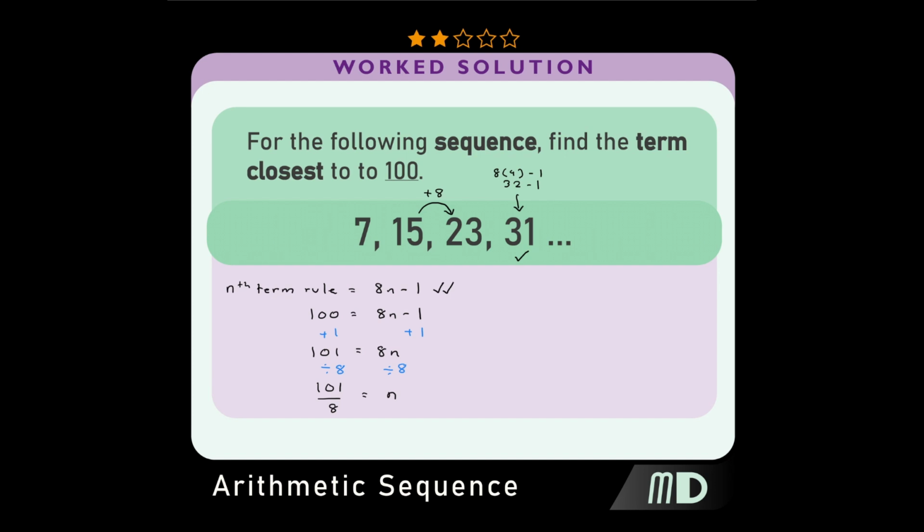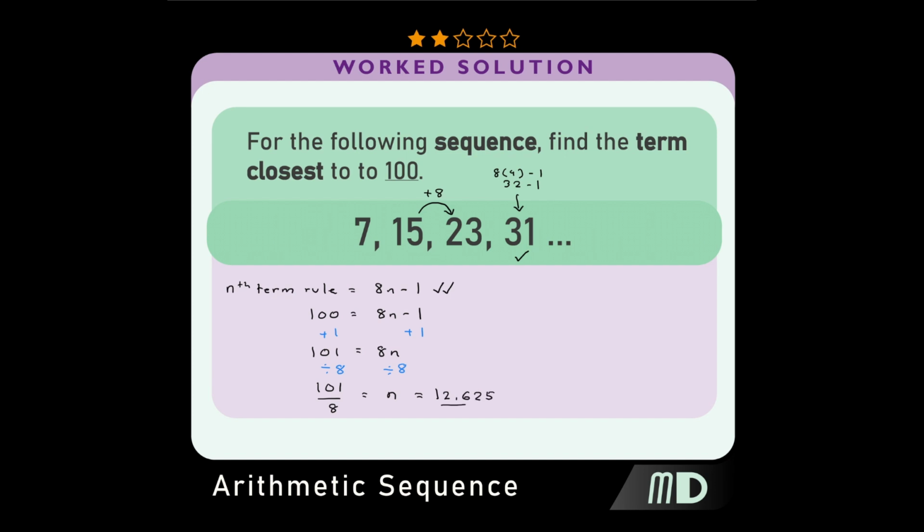That gives us a decimal value of n, and 101 divided by 8 is 12.625. So n is equal to 12.625.